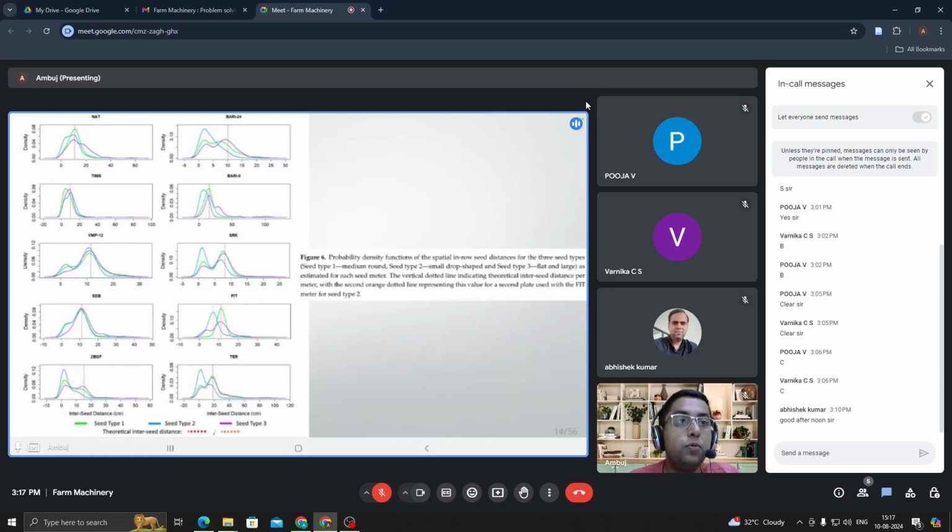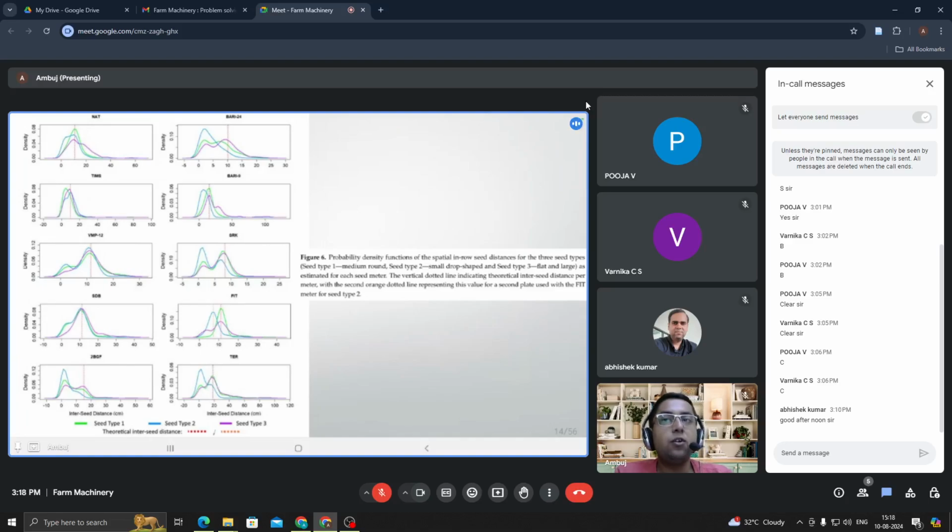What is the probability that my seed would fall in a particular area? That is given by the PDF with respect to inter-seed distance, which I have plotted. Wherever the maximum point is, in that region the maximum seeds would be falling. If I want to vary the region in which my seeds are falling, then I have to vary some parameters which we have measured for our different metering mechanisms, like angle, thickness, and seed filling index.